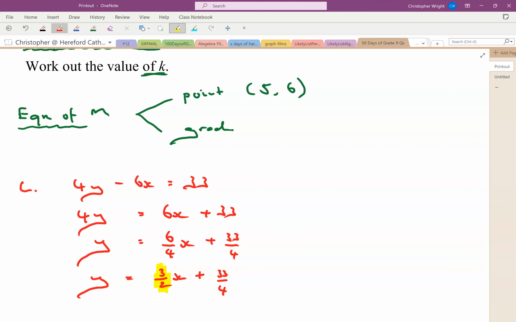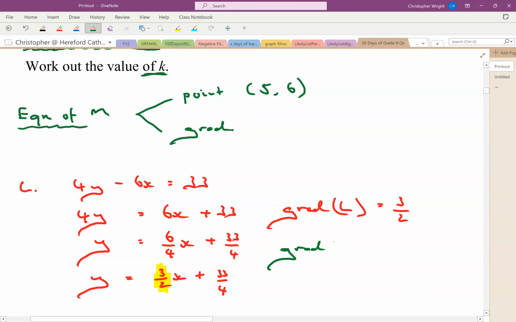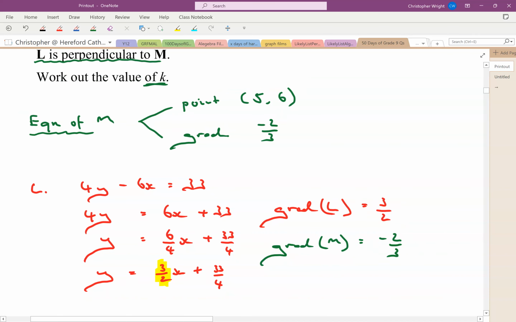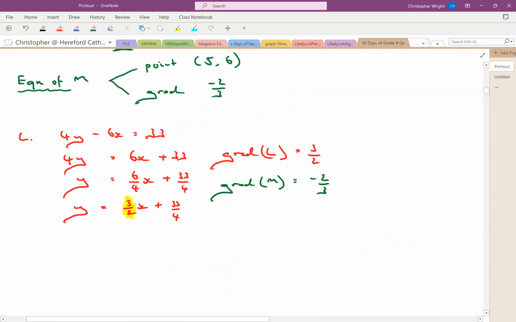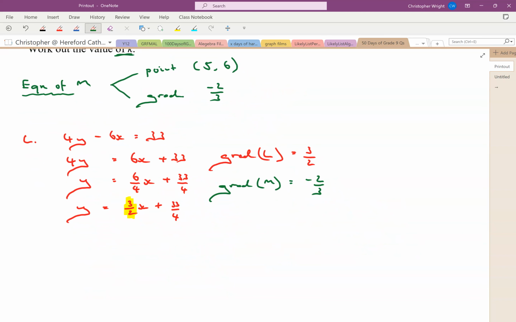So the gradient of L is 3 over 2. So the gradient of M, if M is perpendicular to L, will be the negative reciprocal. Look at that, -2/3. So I do know the gradient of M, and I do know a point on the line M. So now I can work out the equation of M.